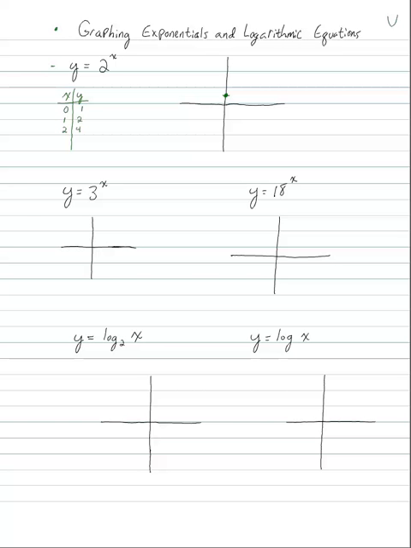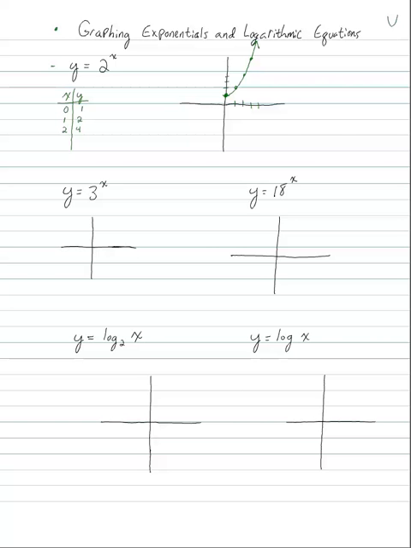So I can start to get the behavior. So x is 1, y is 2, x is 2, y is 4. If I went further, if I put in 3, I would get 8, so it would be up here. If I put in 4, I'd get 16. So it's just going to continue rising. It's going to start rising pretty fast. So I now know the behavior of that graph as it goes to the right.